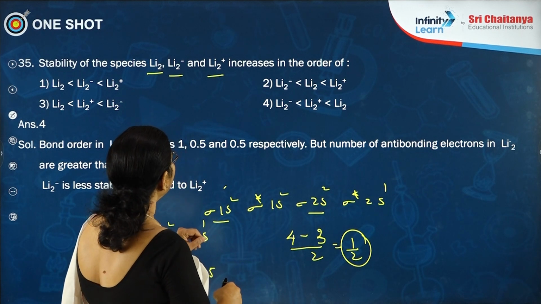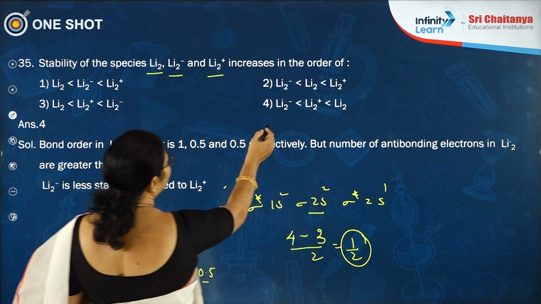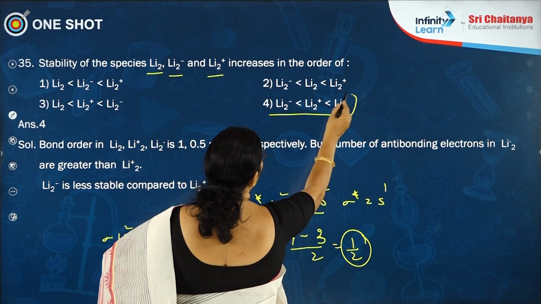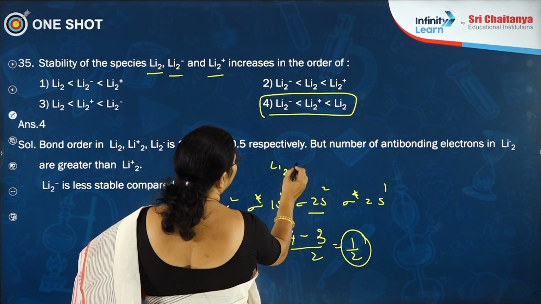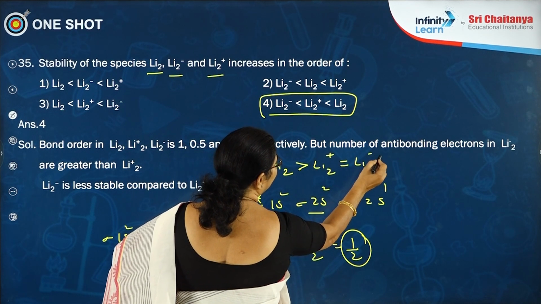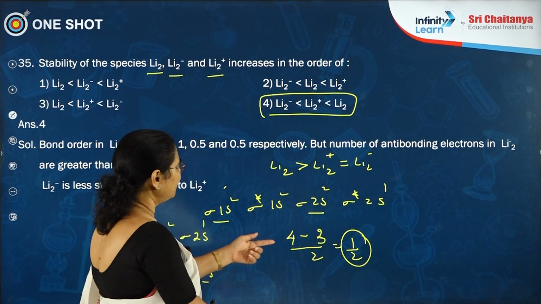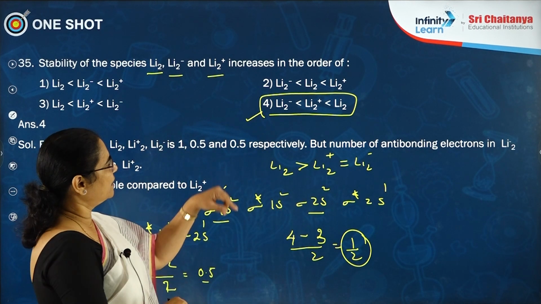But how to decide? Here if you see the options, Li2 minus is less than Li2 plus, less than Li2. Actually expected is Li2 greater than Li2 plus equal to Li2 minus as per the bond orders, 0.5, 0.5 same, but he gave this option. Why is it so?